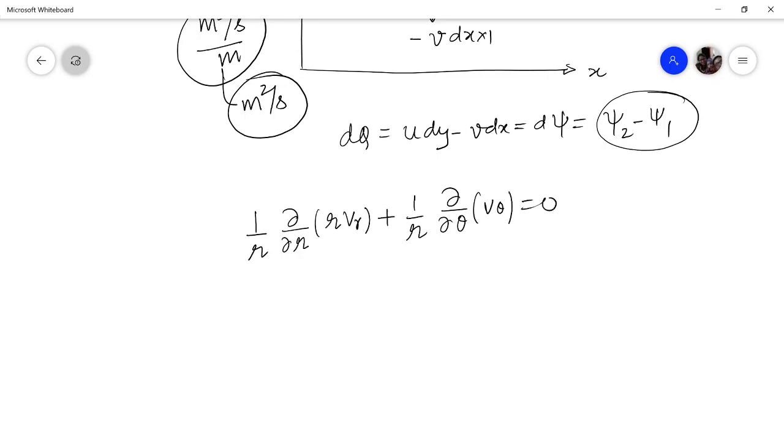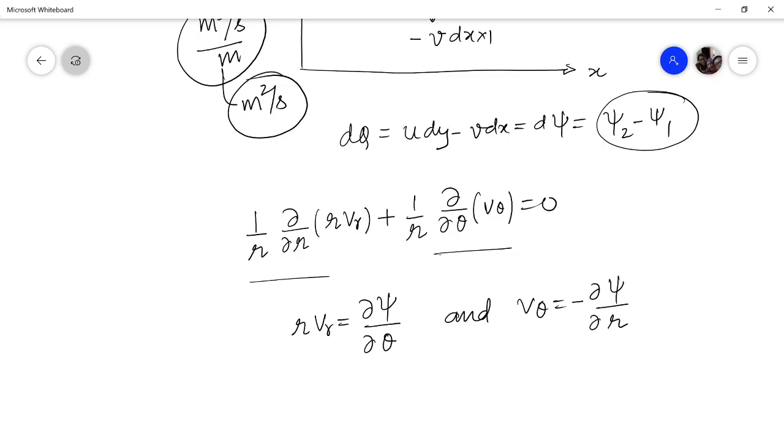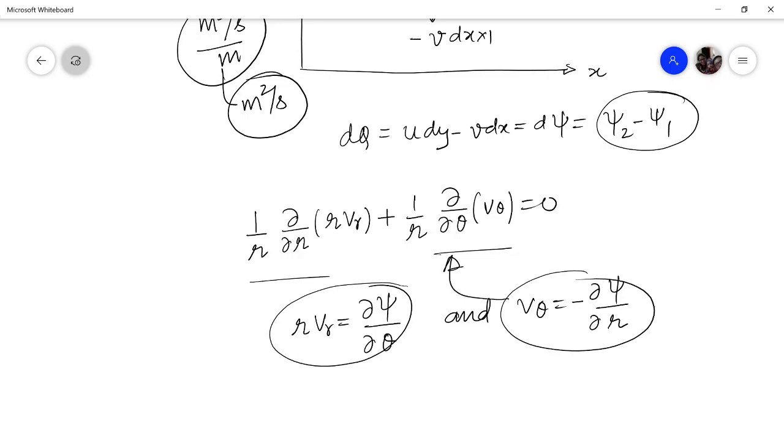Now you have to define a stream function in such a way that it satisfies this continuity equation. So if r vr is del psi by del theta and v theta is minus del psi by del r, then these two will automatically satisfy the continuity equation.